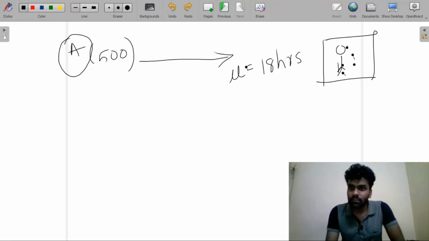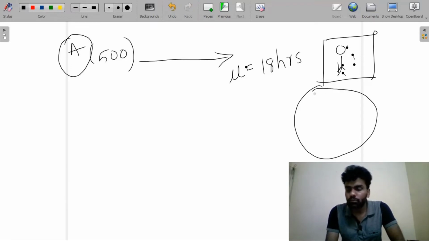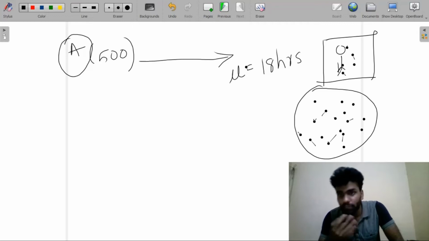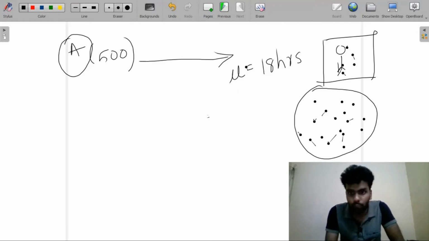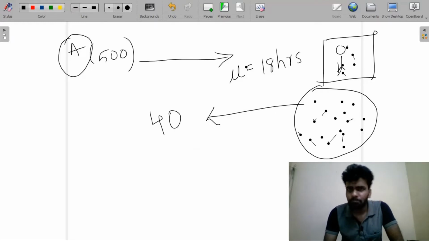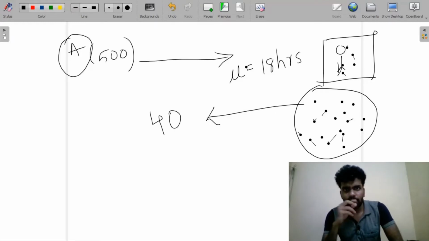So they have laptops, say somewhere around 5,000 to 10,000 laptops in the company. For our test, I have taken a sample of around 40 laptops, and for these 40 laptops I calculated the mean, the average battery life.